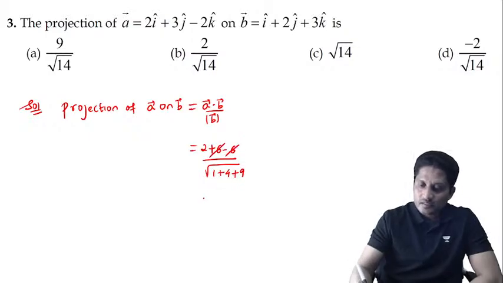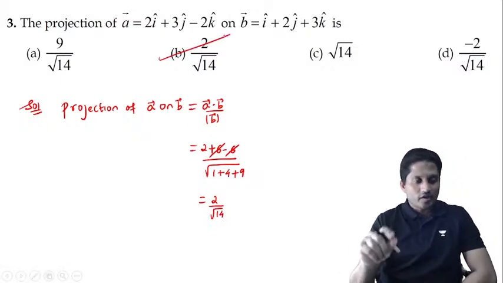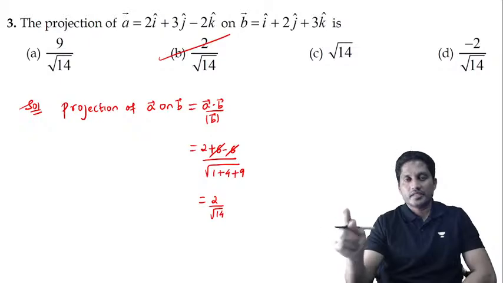You will get 2 by root of 14. Right, answer is option B. So projection of A on B, shadow of A falling on B, is A dot B by mod B.